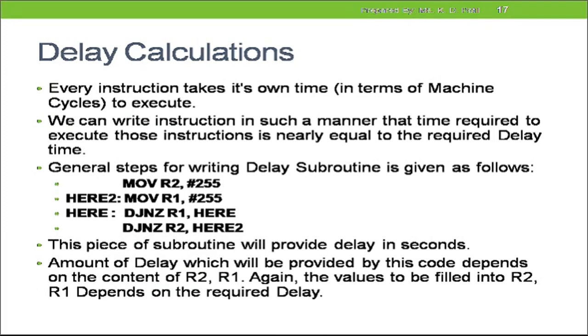Every instruction takes its own time in terms of machine cycles to execute. So we can write the instructions in such a manner that the time required to execute them is nearly equal to the required delay. There are two different ways to calculate the delay: first, you can use the timer, and second, you can write the code in such a way that the time required to execute those instructions is nearly equal to the required delay time.